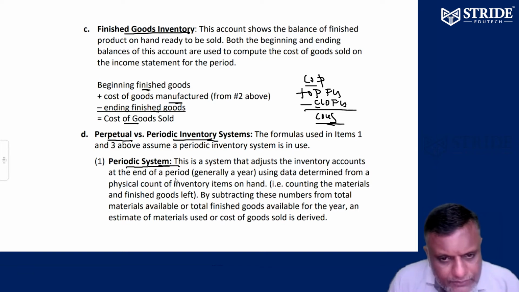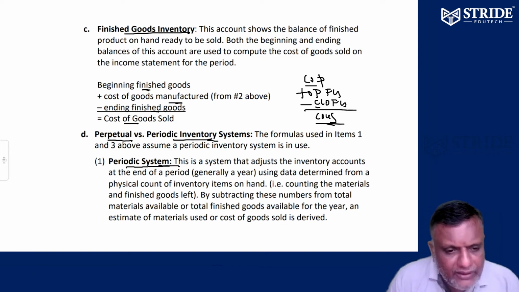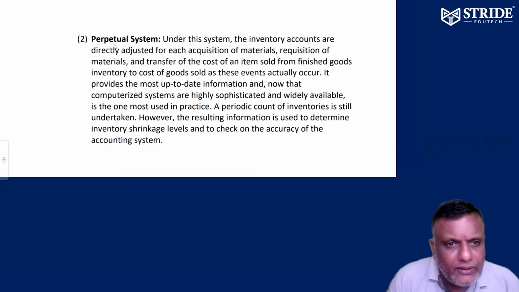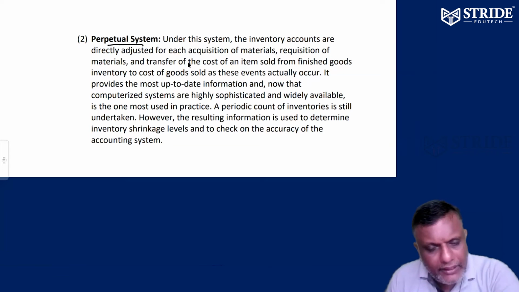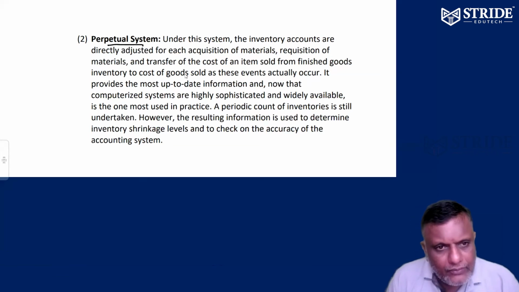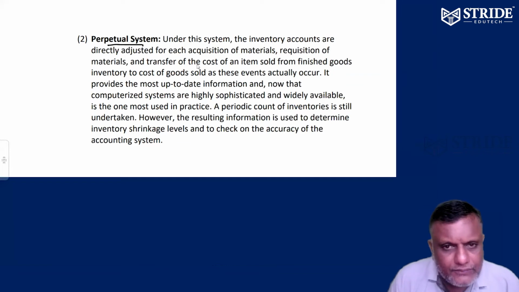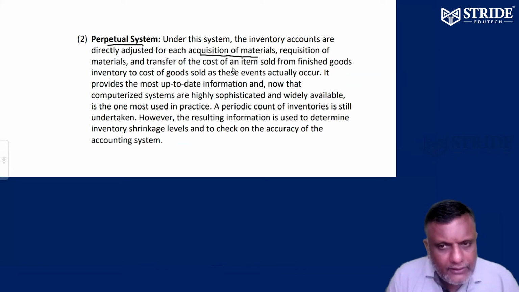So periodically they can verify the inventory, which is called the periodical system. In case of perpetual inventory, it's a continuous stock taking. Receipt, issues, balance, receipt, issues, balance, continuous stock taking. Perpetual, continuous stock taking. That's it. Material acquired is entered, requisition entered, transferred, issued, balance updated.